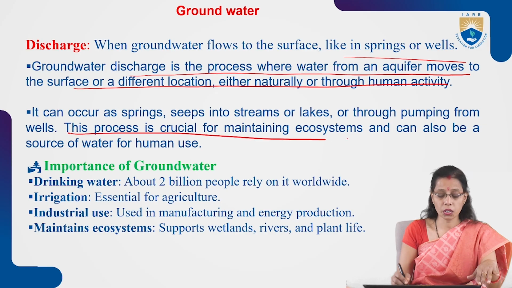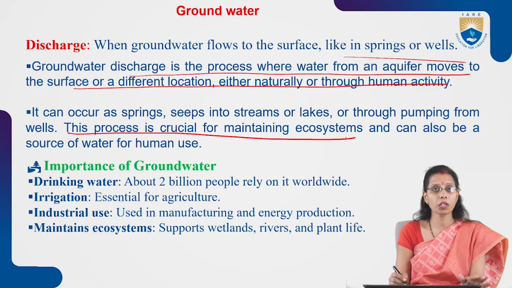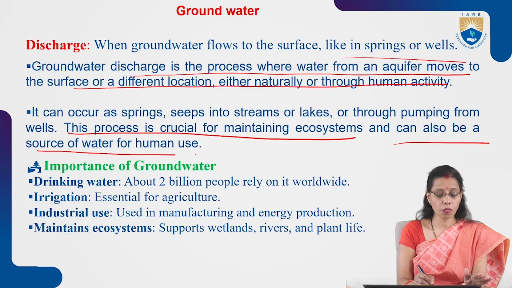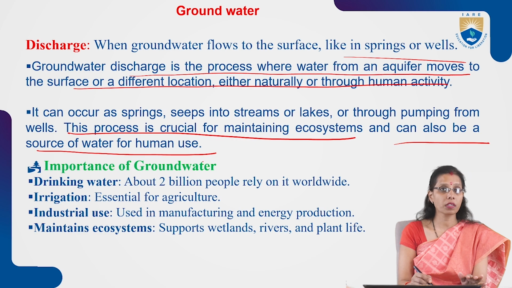This process is crucial for maintaining ecosystems, and can also be a source of water for human use. And this process is very crucial for maintaining the ecosystem and all.